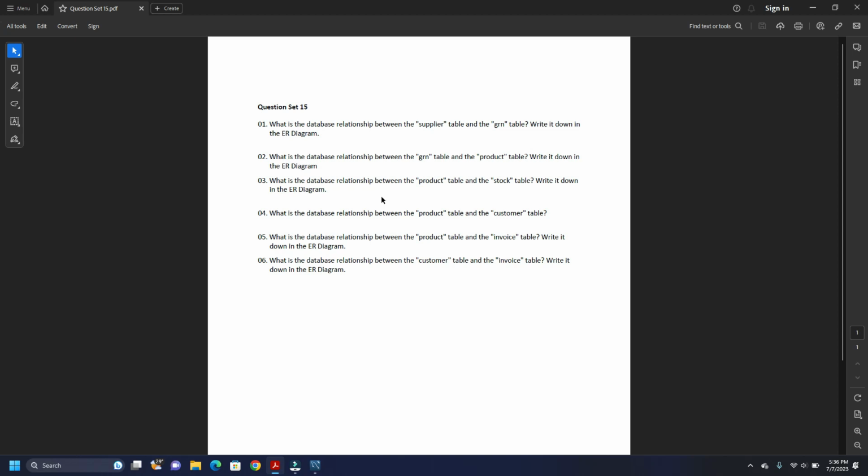So when a supplier supplies a stock, that stock could contain multiple products, but a product only comes from one stock. Therefore, the relationship between those two tables would also be a one-to-many relationship, the product side being the many side of it. So let's go ahead and create it.